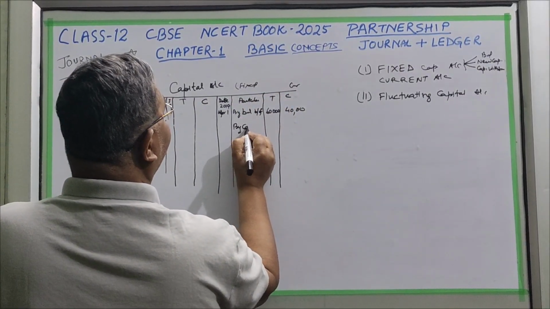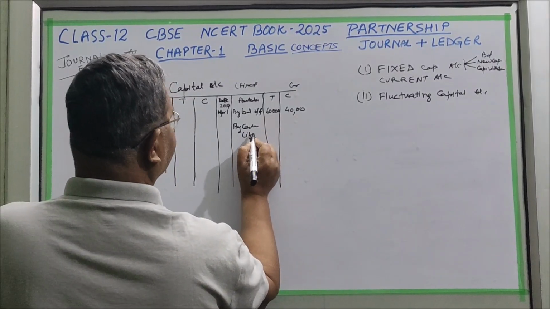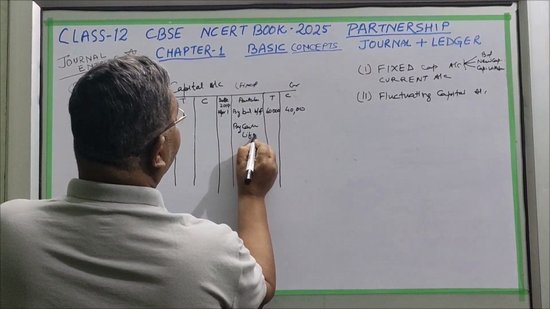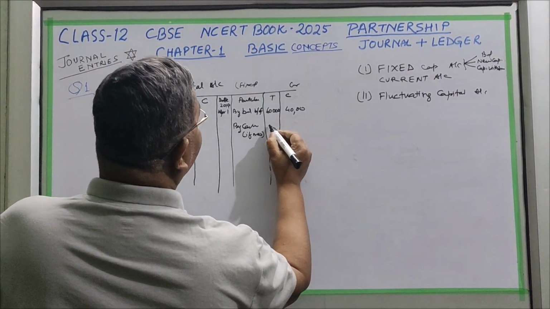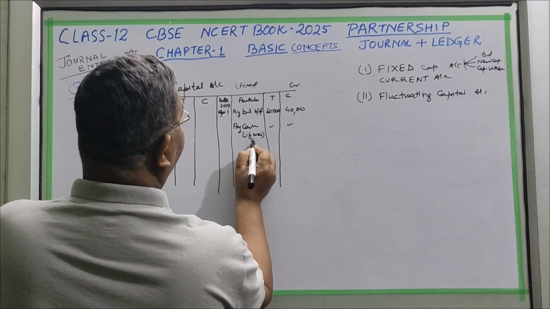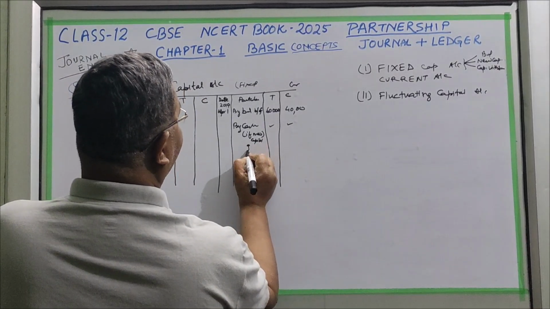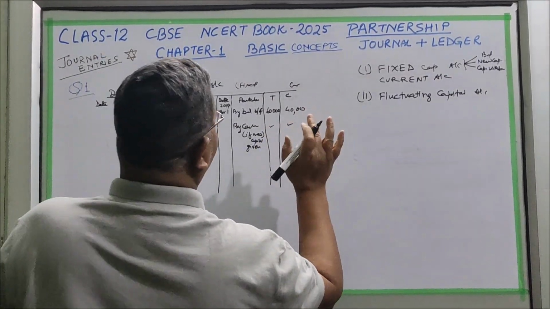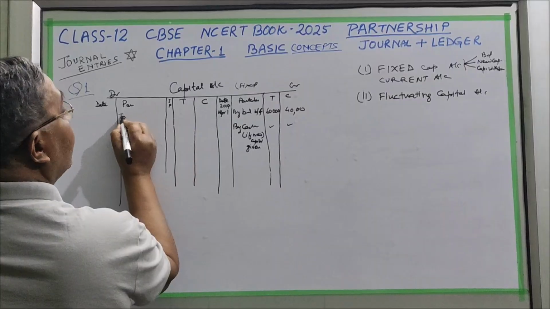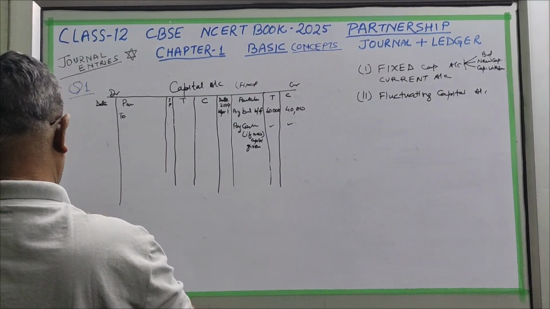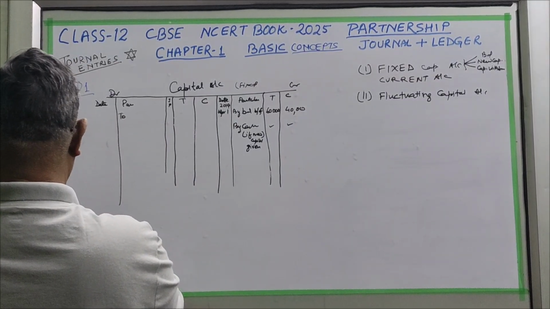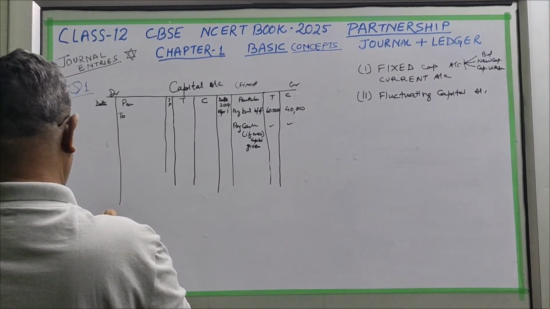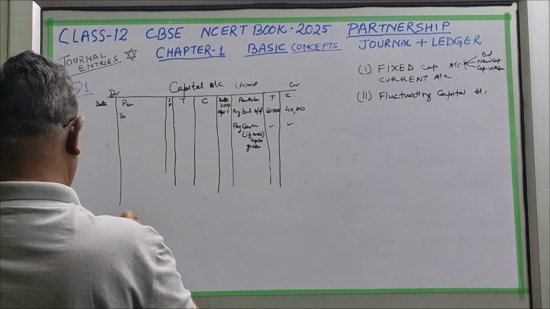By cash, if new capital is given during the year, then it comes here. In the question it is not there. This is only possible. And here, what else comes?